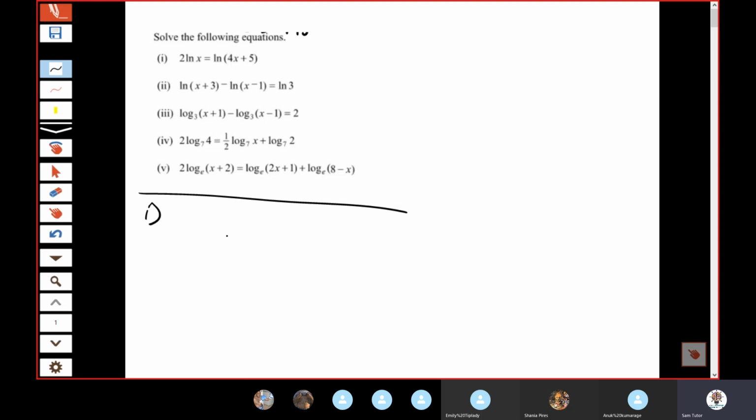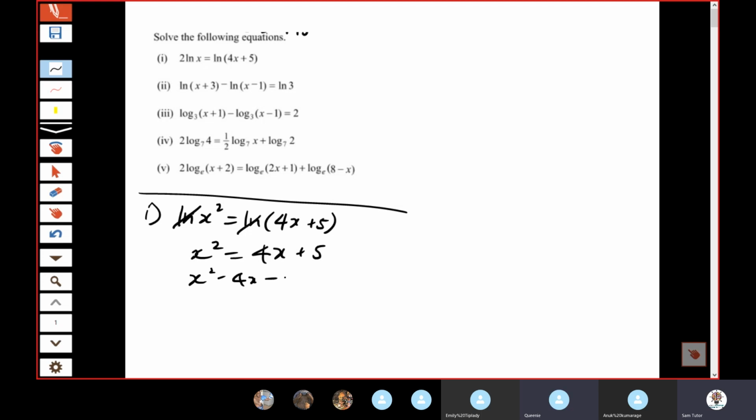Queenie, what would you do first? Bring the 2 up. So it'll be log x squared equals log 4x plus 5. And then pretty much you're getting rid of your logs. Yes, bring it all to one side. x squared minus 4x minus 5 equals 0.